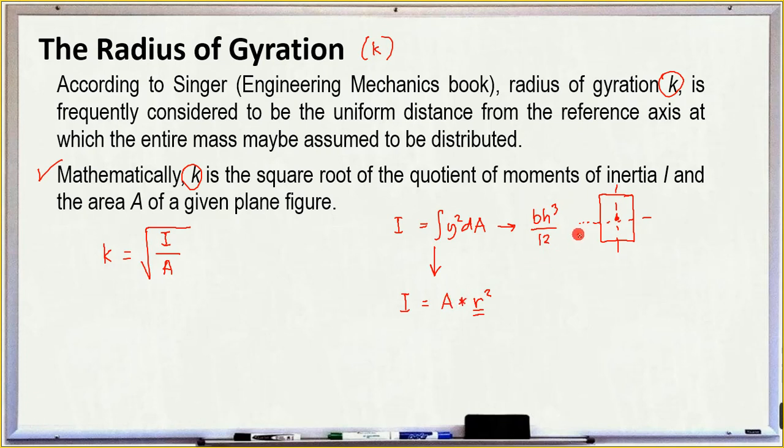Let's say for a rectangle, we all know that is base times height. For a triangle, that is 1/2 base times height. So it is easier, and we can also interpret it easily.